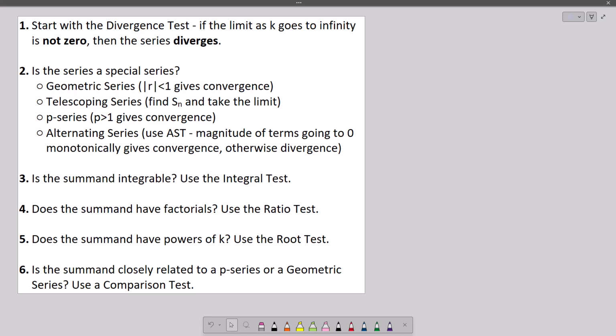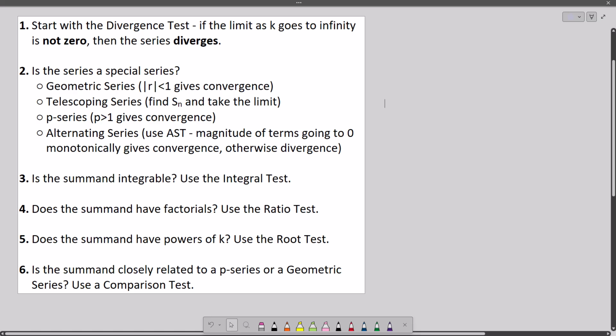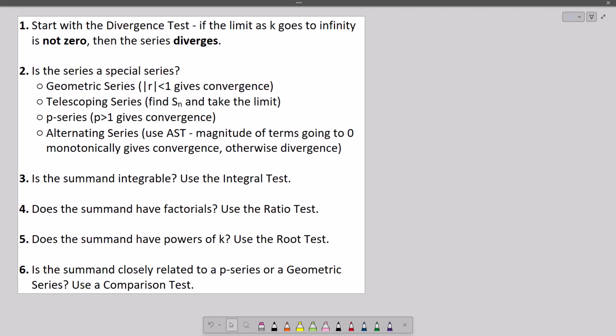But if you get down to here and there's no factorials, the ratio doesn't seem right, and it doesn't have a big power on the outside, so root doesn't seem right, that's definitely something you should ask yourself: is it integrable? And then the 2 comparison tests down here, all we've ever done in this class is compare to a geometric series or a p-series.